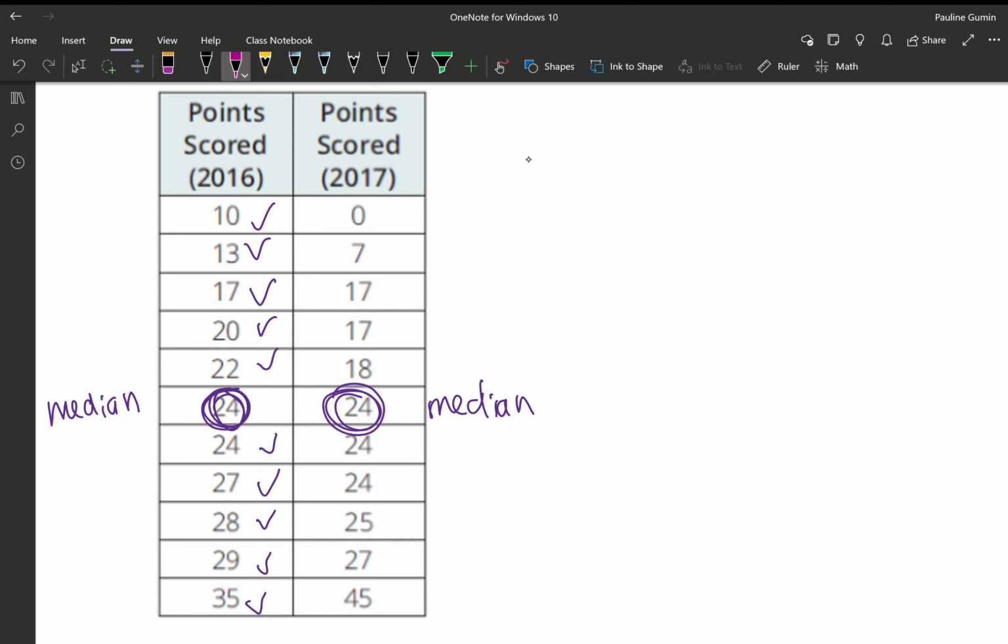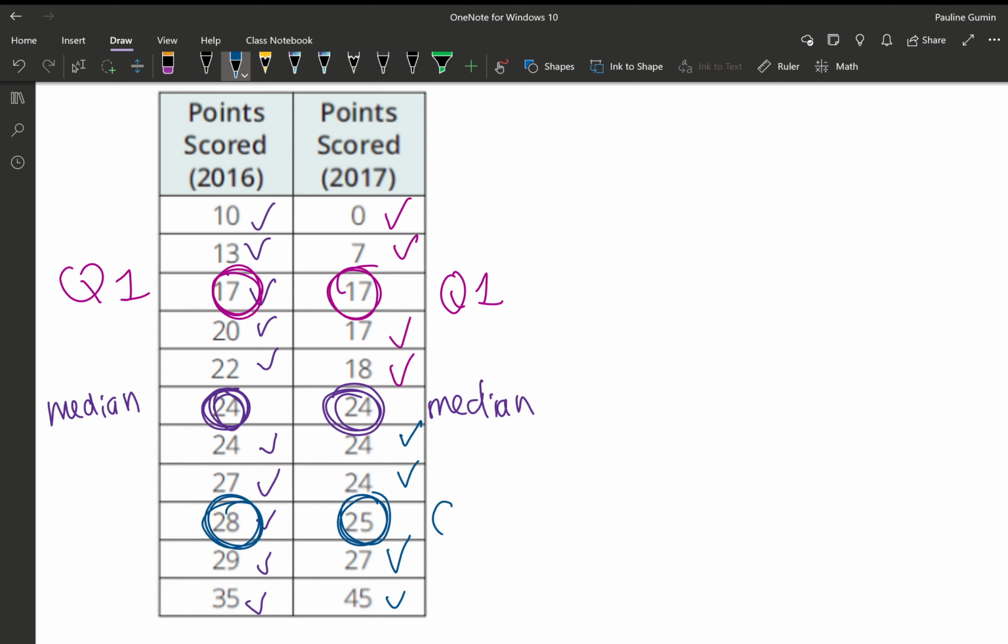I'm going to use 2017 to do that. And it looks like it's right here. And I'm just going to look across to find it for 2016. And lastly, let's find Q3. It's at 25 for 2017 and 28 for 2016.